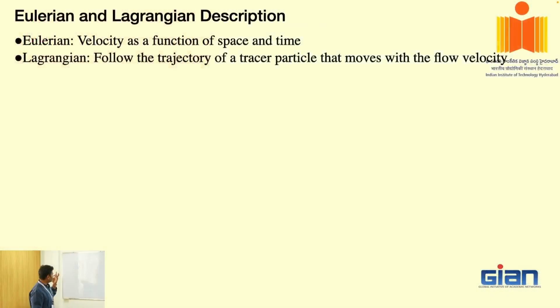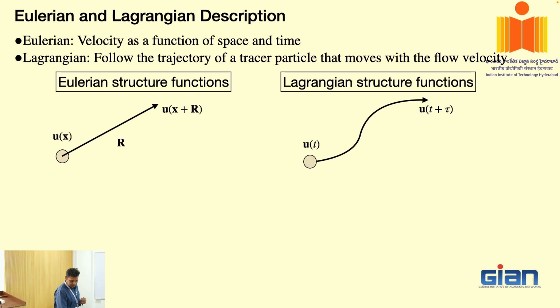In the Eulerian description, you have a velocity field which is given in space, and you try to look at its dynamics. Whereas in a Lagrangian description, you focus on individual fluid particles, and then try to see how these fluid particles are moving around. That's the major difference in the approach.